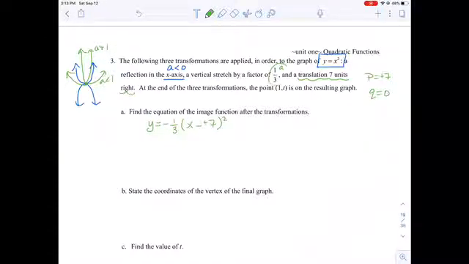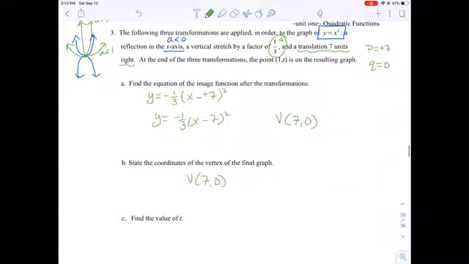And this 1/3 was our a value as well. Okay, so there's the equation, and we don't always write plus, negative, minus a positive. So we often will just see it like this, right? x minus 7 squared. And we know then that our vertex would be (7, 0). Oh, and that's the next question. Vertex is (7, 0).